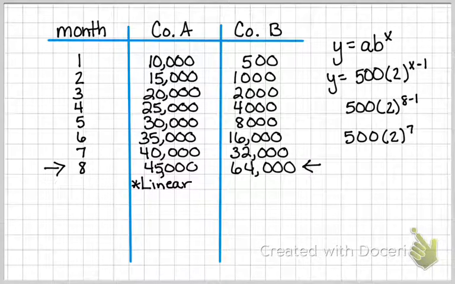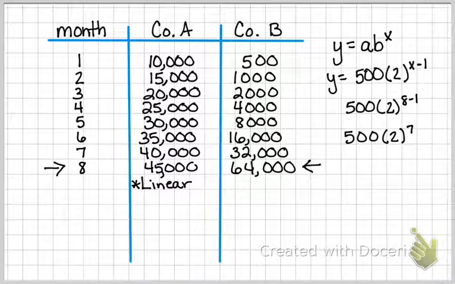If you put it in the calculator as 7, you do get 64,000. So this minus 1 has to take into account that we have to make some adjustments when we do not start our months or years or days at 0. We actually start at something else, like 1 month in, 2 months in, a year in, and so forth.